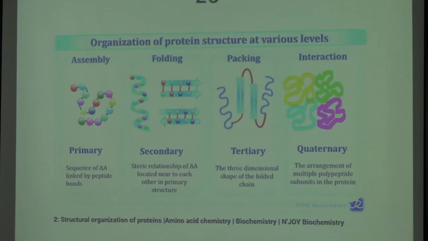And the number of amino acids for a given protein is fixed. So the number of amino acids and the sequence of amino acids, these two things are very important for the primary protein structure.